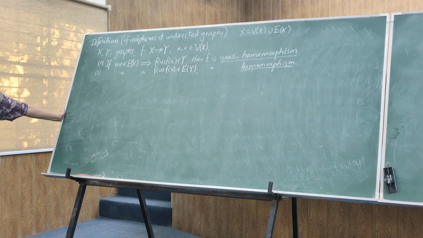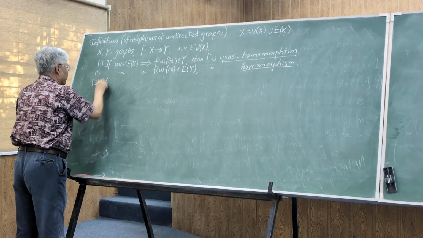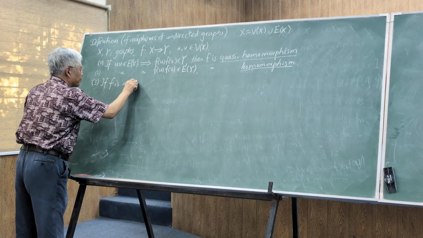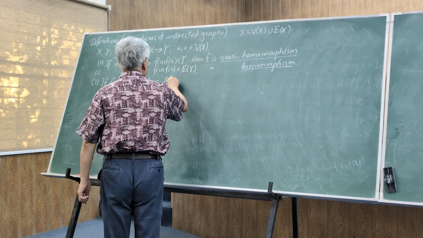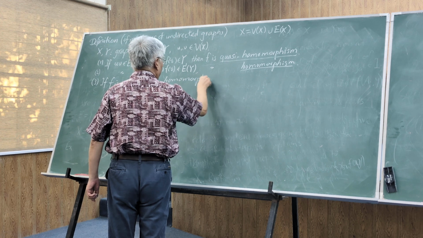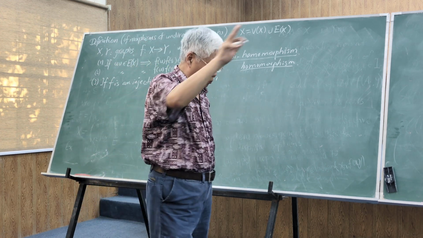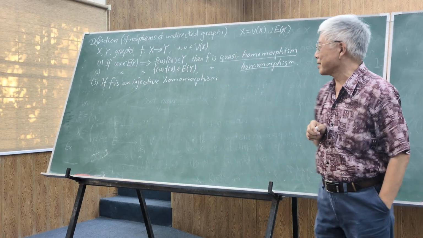And if a homomorphism is injective, f is an injective homomorphism. Two of the concepts in here are actually not even seen in those books. Only those three books I listed in the slides have these.